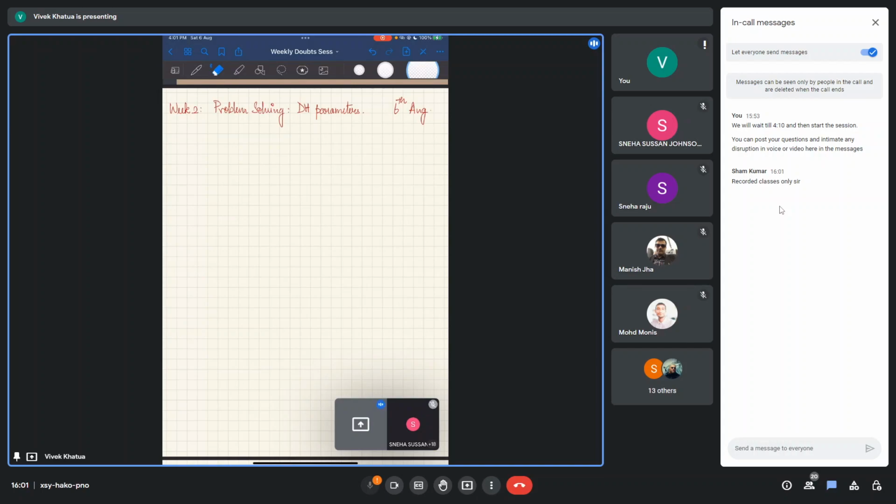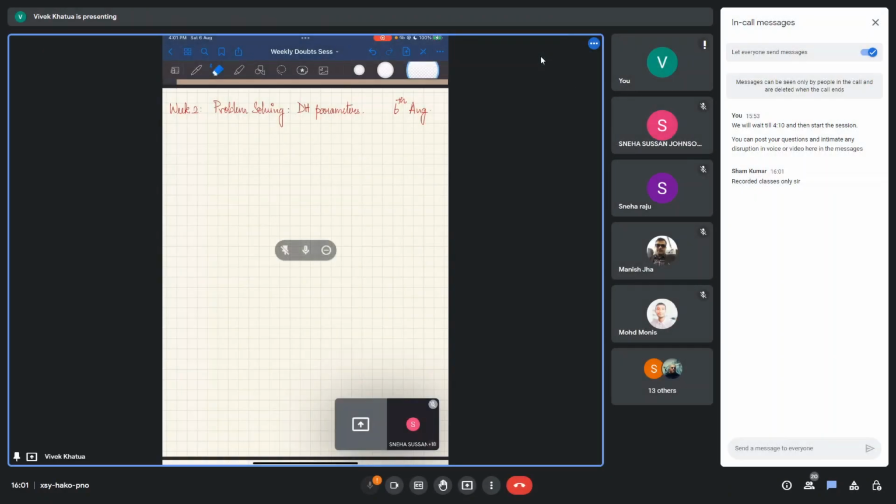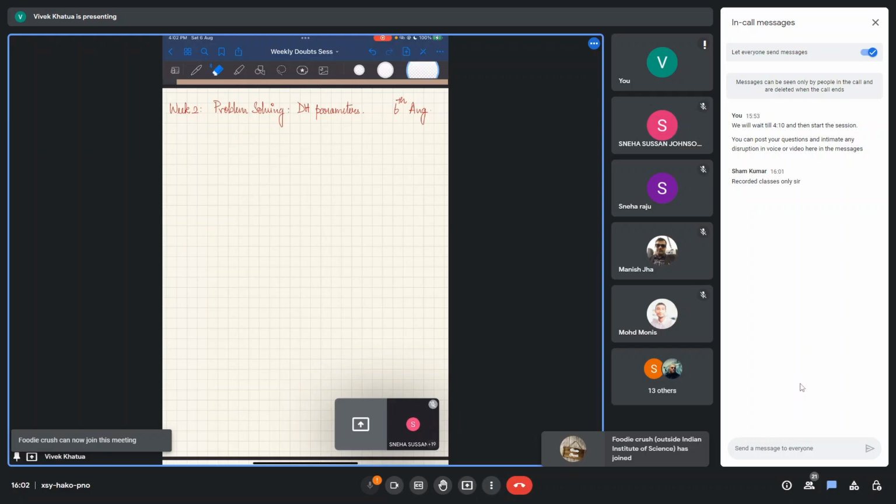Sham, can you elaborate? What do you mean by recorded classes only? So are you able to solve the DH parameters problem?